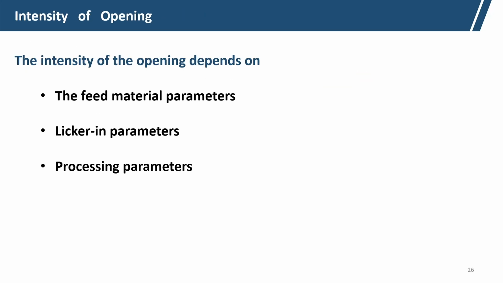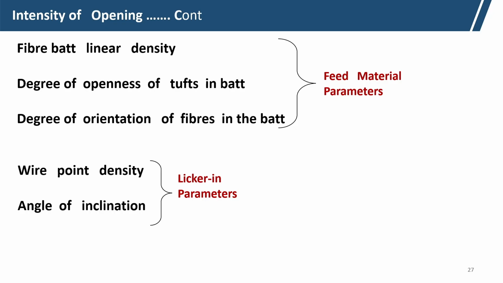Now, the feed material parameters are the bat linear density. If we increase the bat linear density, then the intensity will be more. Then the degree of openness of the tuft in the bat, and the degree of orientation of the fiber in the bat. All this controls the intensity of opening.